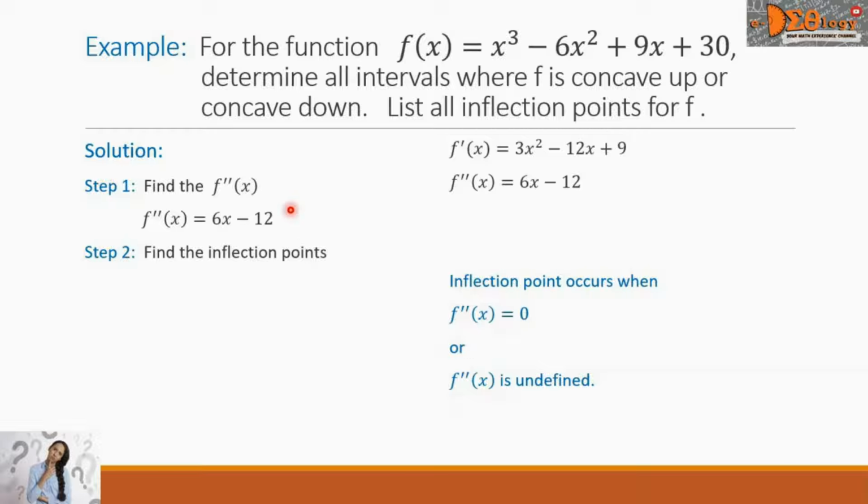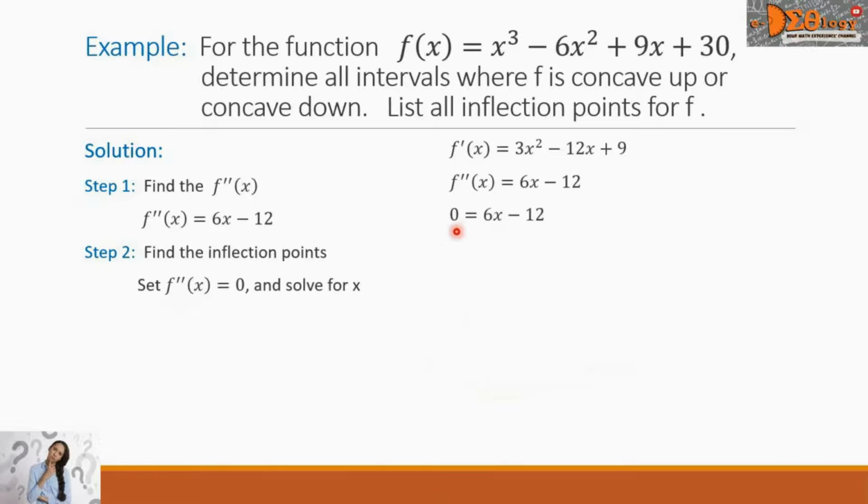Observing our second derivative here, this is a polynomial function. So it means this is defined in all its domain. Thus, it falls on the first case only. So we set f double prime of x equals 0 and solve for x.